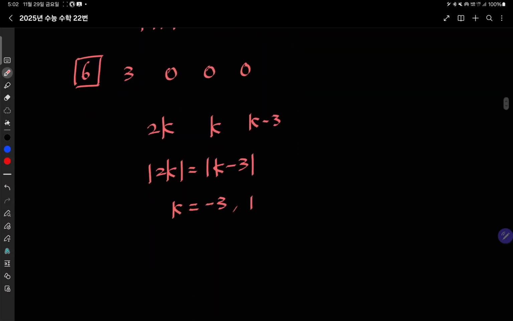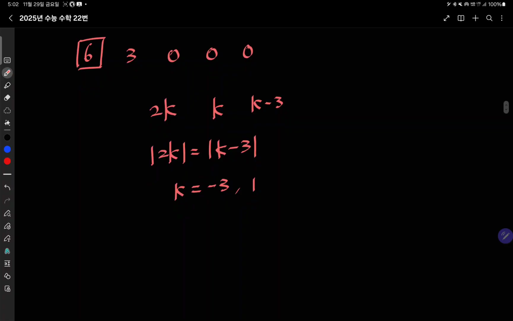So if k is minus 3, the third term is minus 6, the fourth term is minus 3, and the fifth term is minus 6. So the second term will be minus 12, and the first term is minus 24.